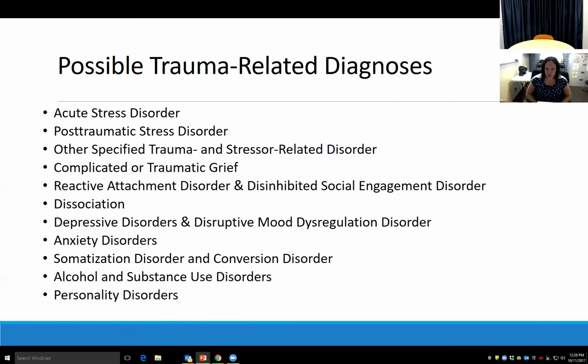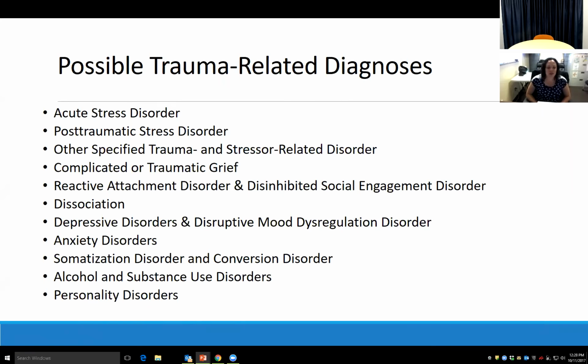So then we have dissociation, which, when it happens enough, can be its own diagnostic category. But it's also a specifier for PTSD, meaning that it could be a symptom of PTSD. So it's not uncommon for individuals with PTSD to have dissociative experiences.